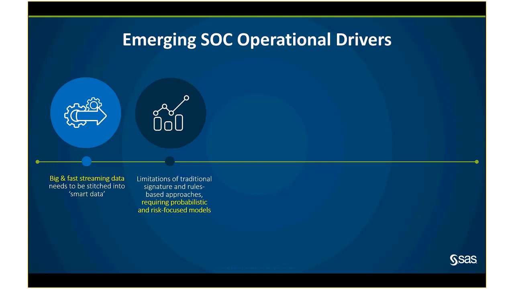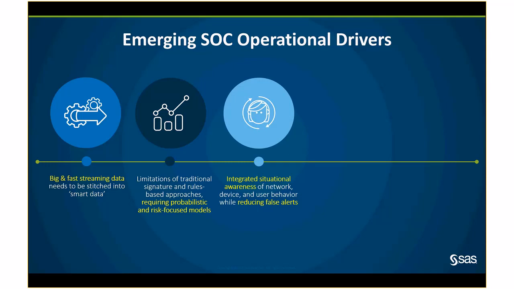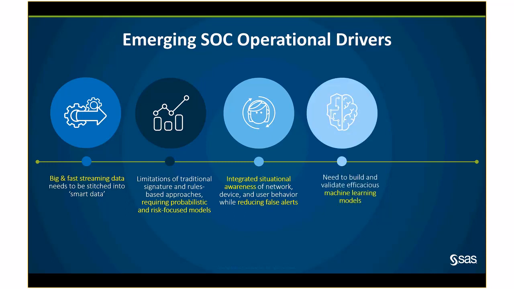So there's a need for more sophisticated models, in particular those that take into account probability and risk-focused aspects. And these cybersecurity centers also want to develop integrated awareness of their environments, and in particular to reduce false alerts. And there is a great interest to deploy and utilize machine learning models, although some organizations are reporting some challenges, and some of this deals with confusions, which we will address in this presentation.